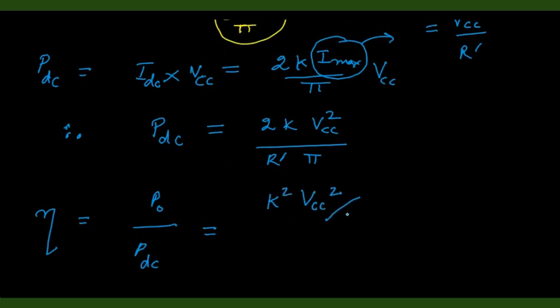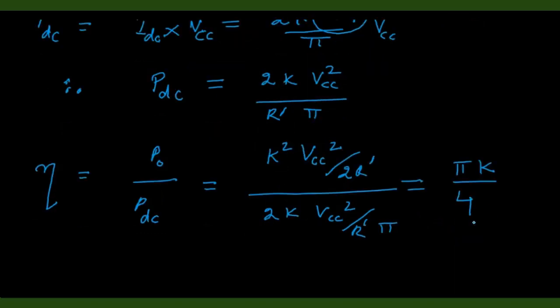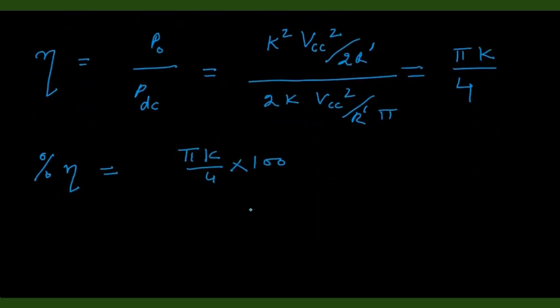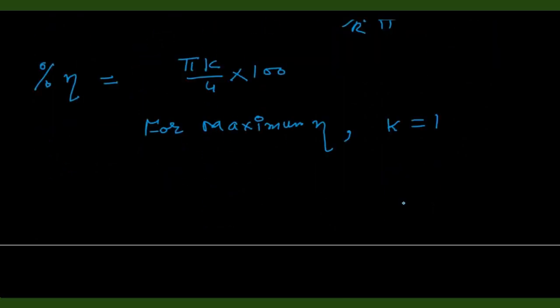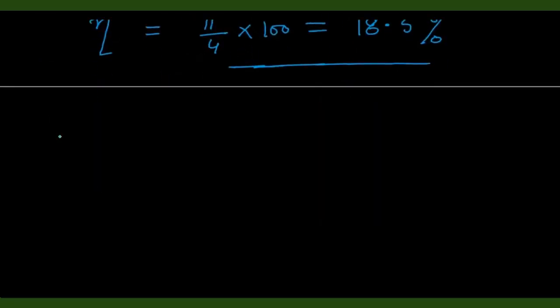Now lastly we are coming to the efficiency, the output power over the DC power, and it comes out equal to pi k upon 4. Now substituting the values, if we consider the maximum efficiency, then k equals 1. It comes out to 78.5%. Very good efficiency.